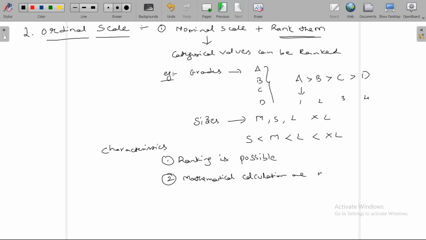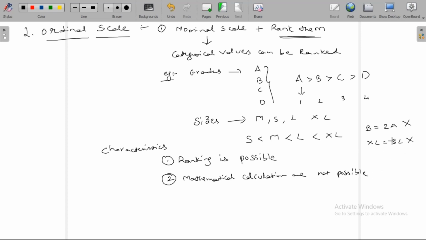Nominal in the sense it can have the categorical data, and it can be ordered also. Let me give a definition of this: nominal plus ordinal, and they will have a magnitude.